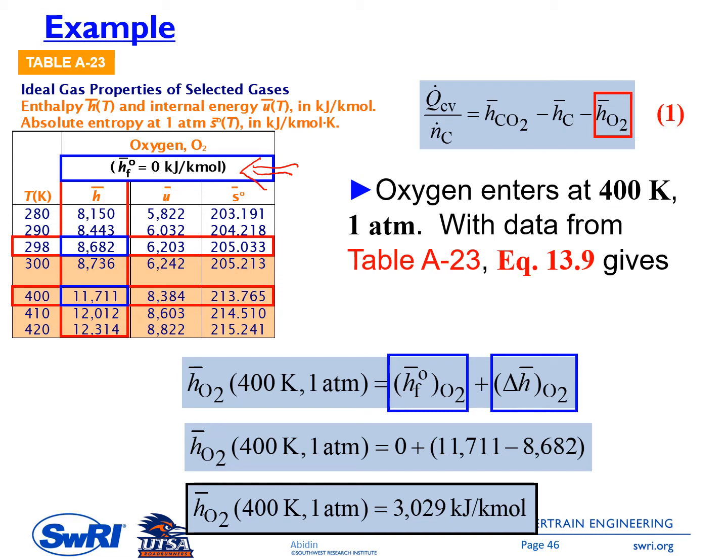But because oxygen enters at 400 Kelvin, which is higher than the reference temperature, oxygen does have delta H, and we can use table A-23 to get delta H of the oxygen. So this is the enthalpy of oxygen at 400 Kelvin, and this is the enthalpy of oxygen at reference temperature, 298 Kelvin. So the delta H of oxygen we get here is 3029 kilojoule per kilomole.